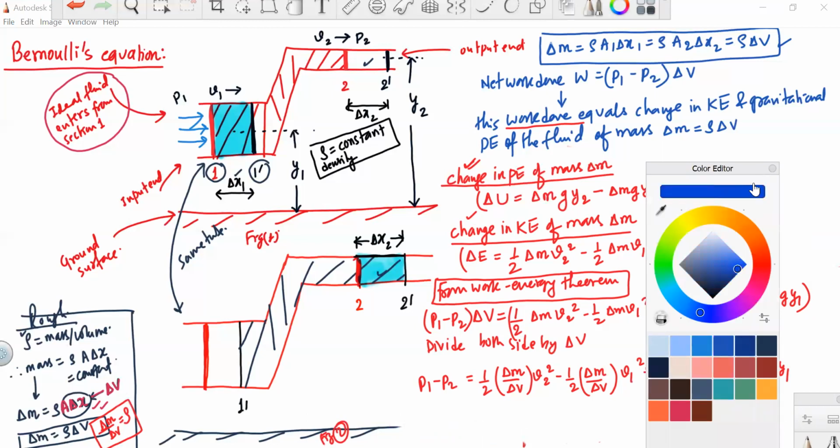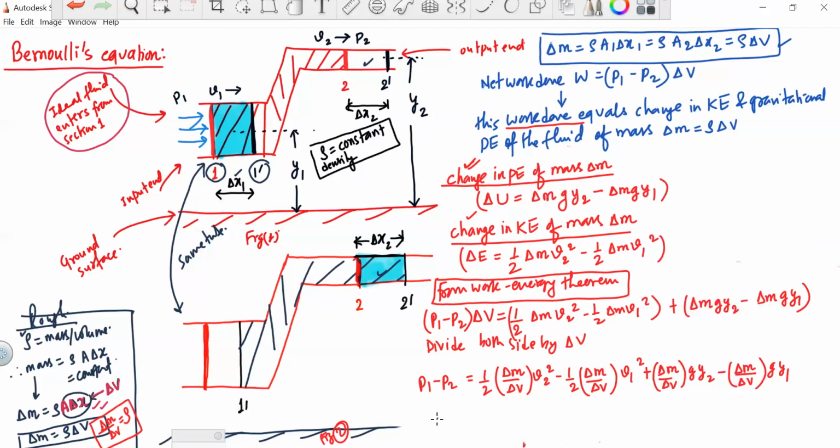We can write P1 minus P2 equals, so this is density, this is density, this is density, this is density.